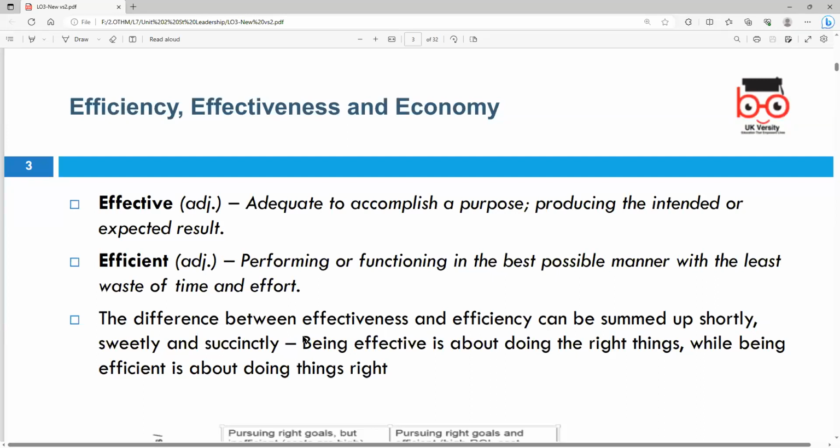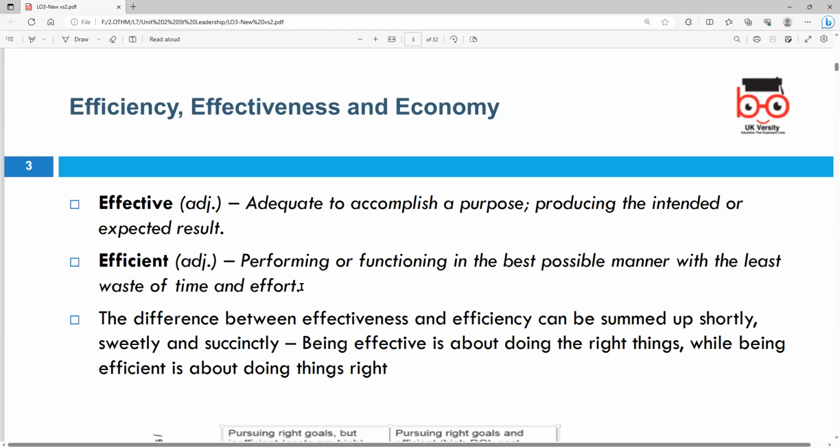When we talk about efficient, we mean performing a kind of function in the best possible manner with the least cost, less waste of time and effort.